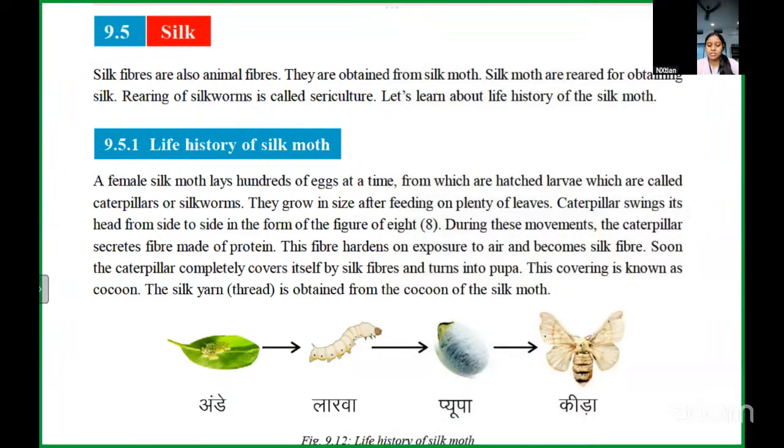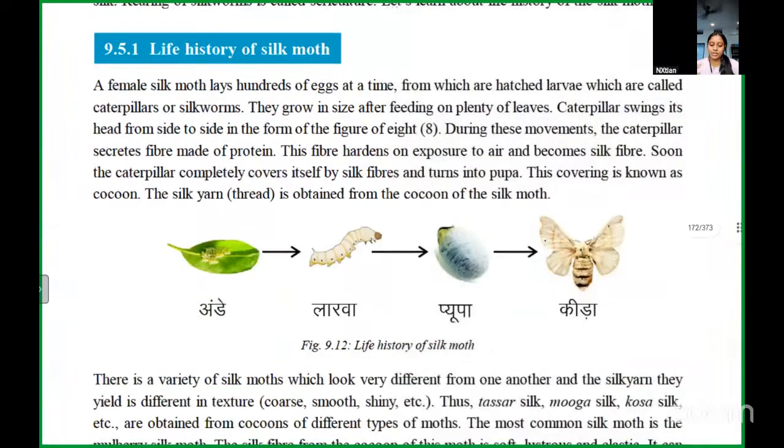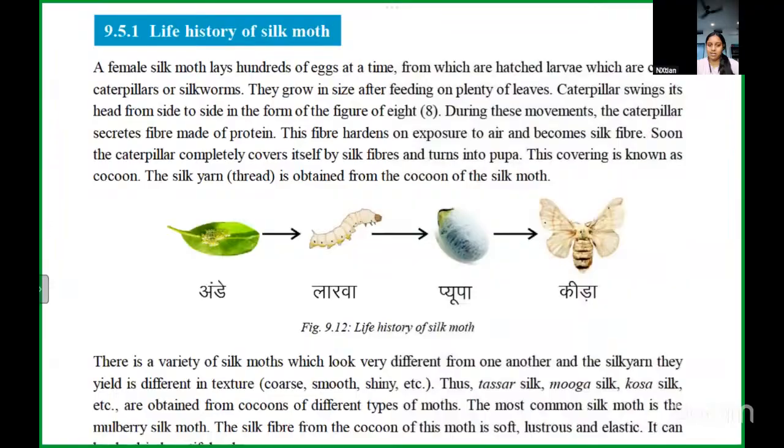Now we will talk about the life history of a silk moth. Okay. Now, a female silk moth lays hundreds of eggs at one time, from which hatch larvae, which are called caterpillars or silkworms.